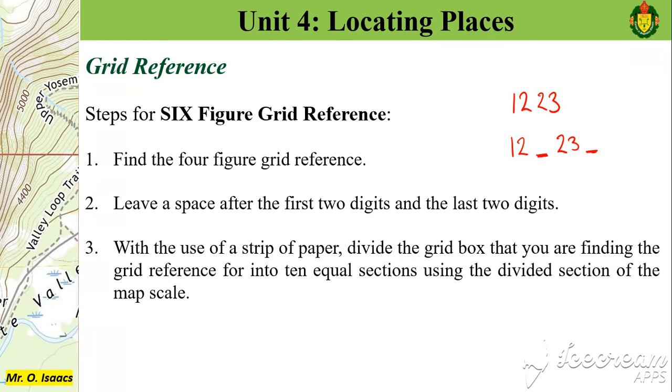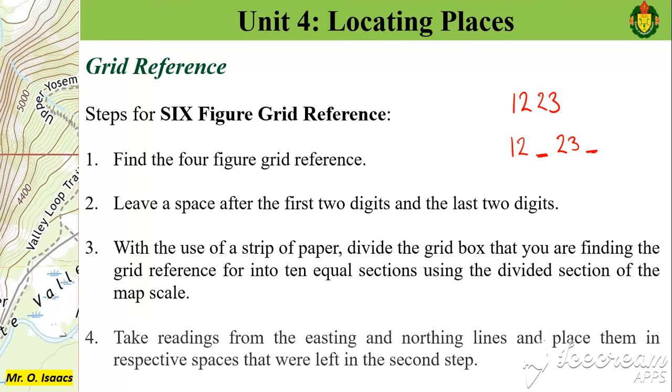Now that's where you're going to put your strip of paper and mark off those 10 equal parts, because the grid box, all the grid boxes on that map, they're equivalent to the size of the scale itself, the linear scale. So you mark off the 10 equal parts from the small part of the scale there on the map, and then now you will make your readings of the eastern and the northern line that the point will be passing through. And then now that's where you fill in the different numbers.